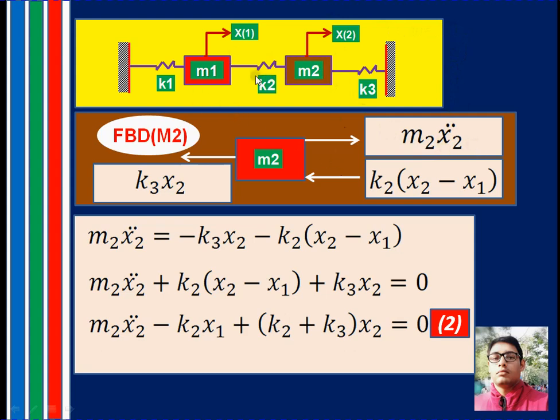Then here there is an elongation for the spring K2, so it will be x2 minus x1 into K2, acting towards left. So these are the three forces acting on the body m2. Rearranging the equation, we get m2 x2 double dot plus some coefficient of x1, plus the coefficient of x2, equal to 0. So these are the equations that decide the basic motion of the body.